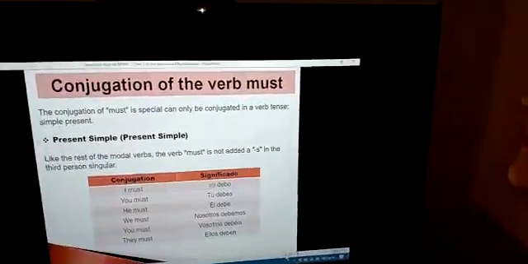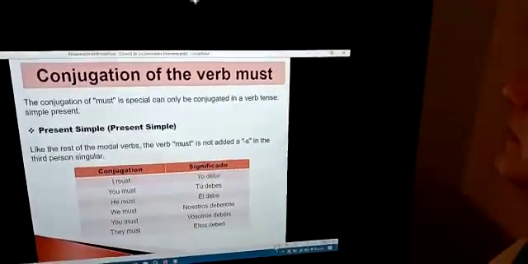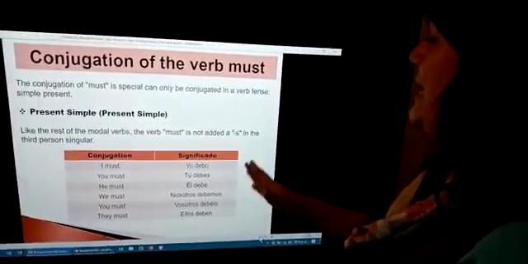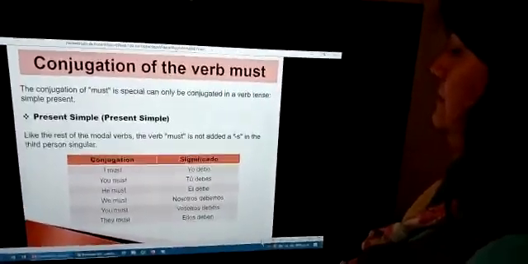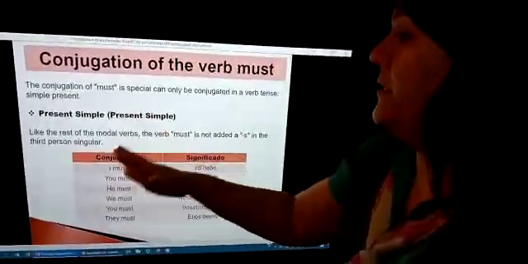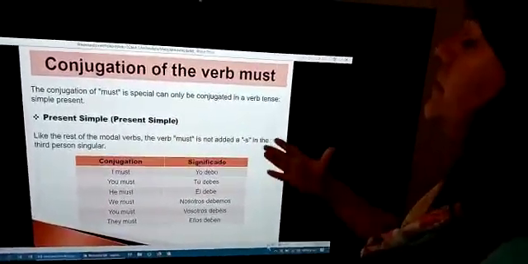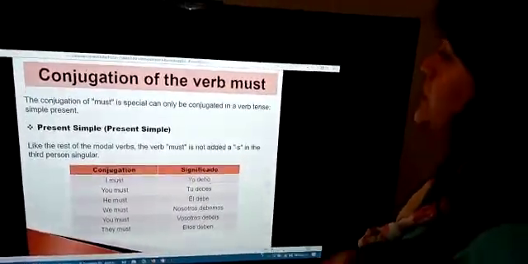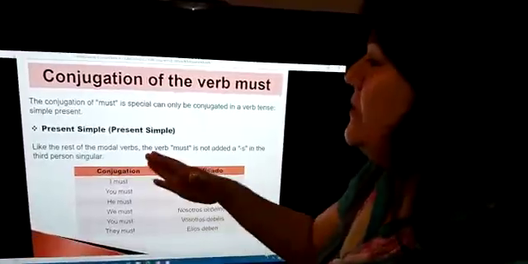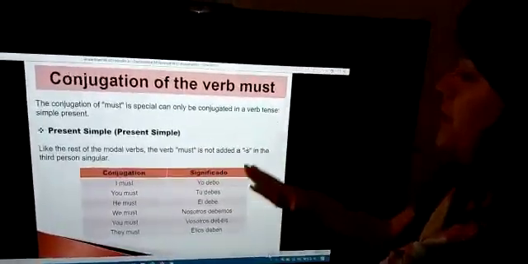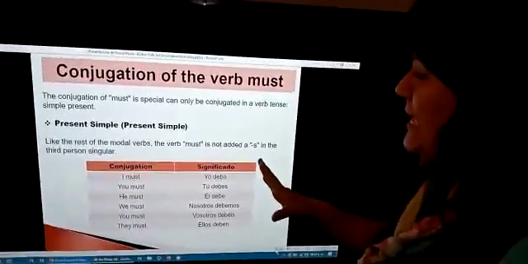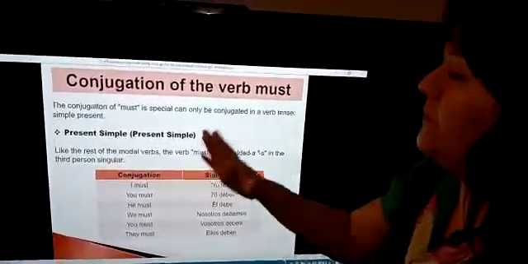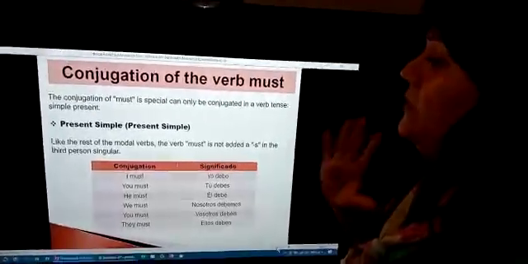Like the rest of the modal verbs, the verb must does not add s in the third person singular. Let me repeat again: how to conjugate the verb must in the present simple. Like the rest of the modal verbs, the verb must does not add s in the third person.